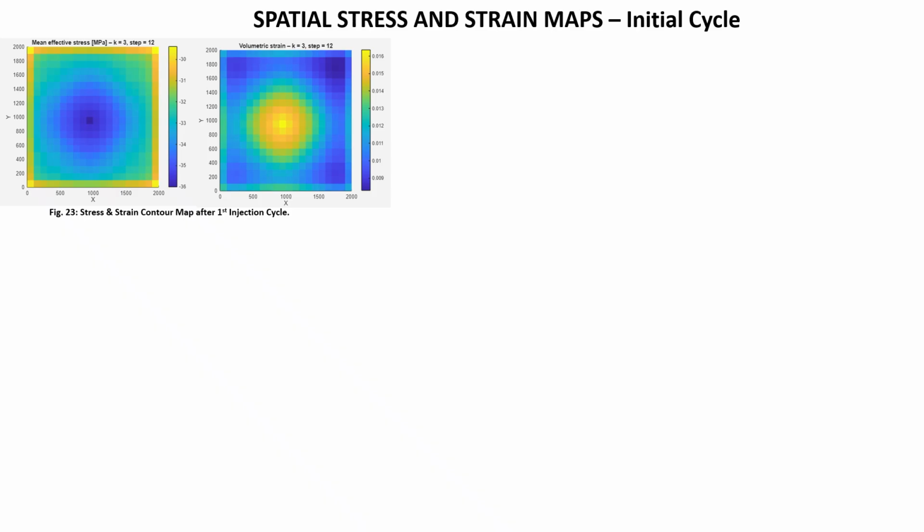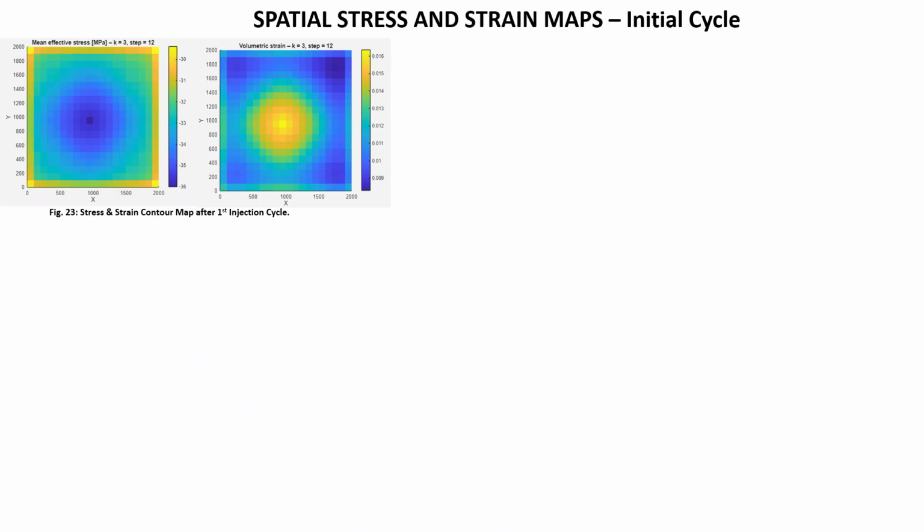For the other figure, which shows strain, we have volumetric strain as epsilon v. The positive values represent dilation or expansion, while the negative indicates compaction. I just wanted to put that out before I show the remaining results.